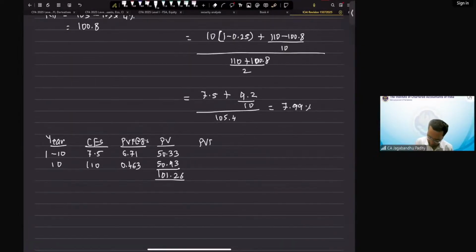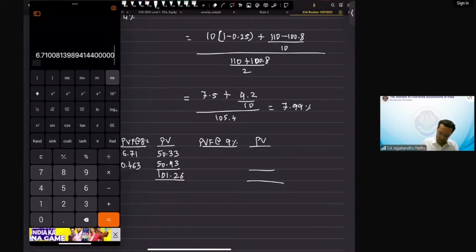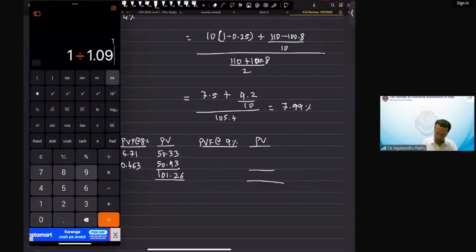So just do one thing. We'll take the PV factor at one notch higher, let's say 9%, and then take the PV of it. Present value factor at 9%. Let me do the memory recall, and I'm just removing it. Memory clear. Okay, so 1 divided by 1.09 equal to M plus.